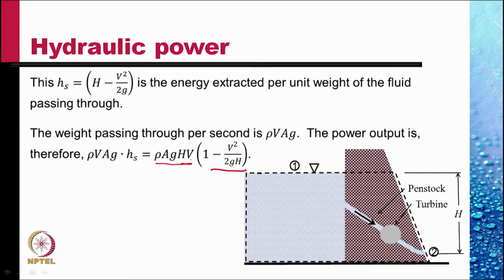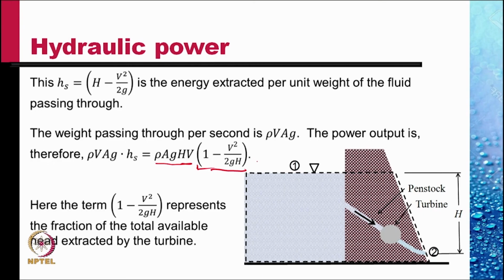When V is equal to the square root of 2gH, that is, all the head from the reservoir is now available as kinetic head and no head is being extracted, then this term becomes 0. So there must be a maximum somewhere in between.